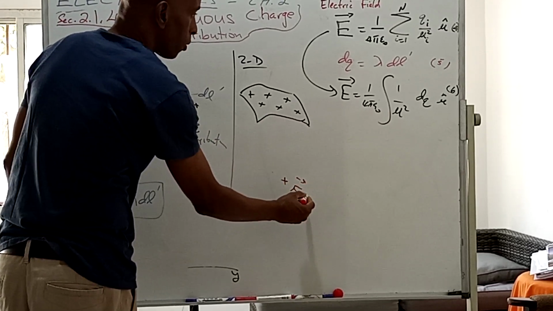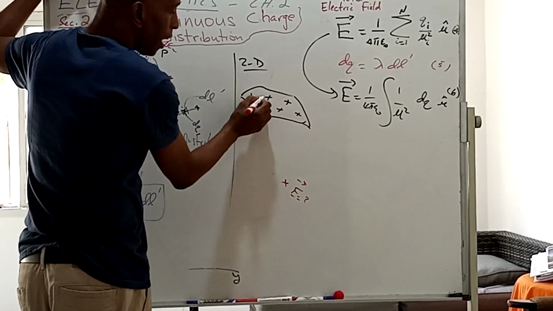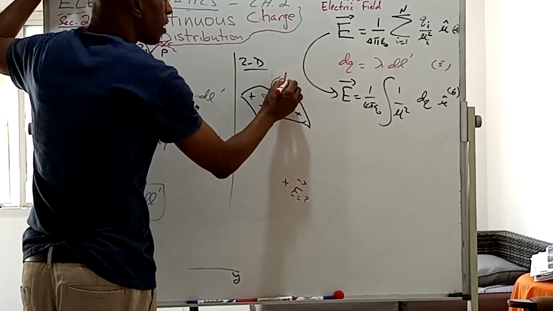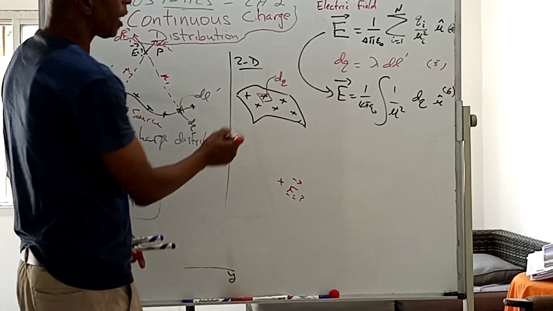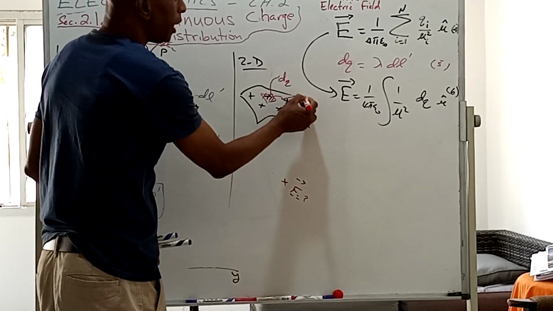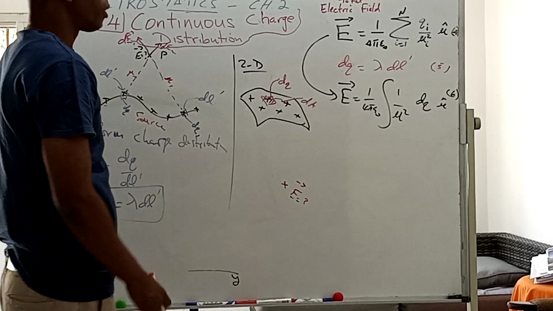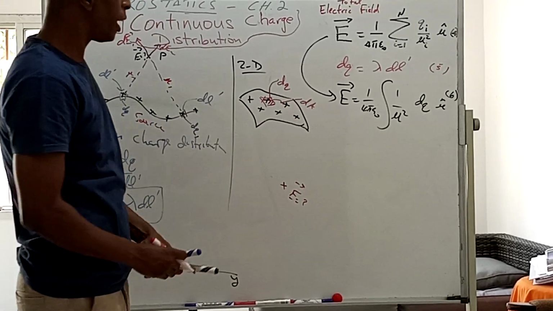And again, we just modify here because the charges are evenly distributed. If I look at any little space in here where a charge is residing, some dq, it will occupy an area that is represented by some dA. If the total area is A, then the small infinitesimal area that we're talking about is dA.